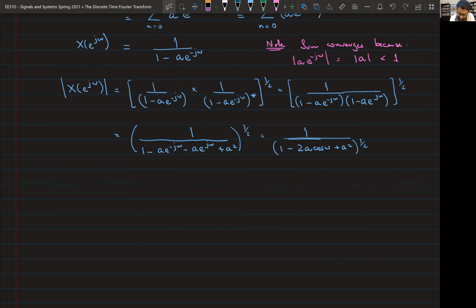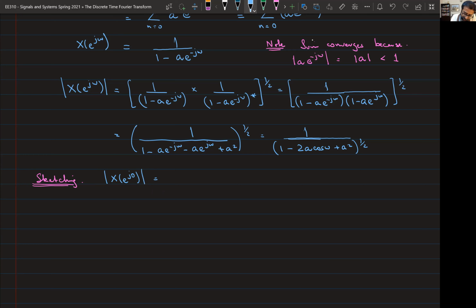Okay. So this is the magnitude. Now, if I plot this magnitude, if I sketch this, just for the sketching, let me compute the magnitude of X of e raised to j omega at omega equals 0.